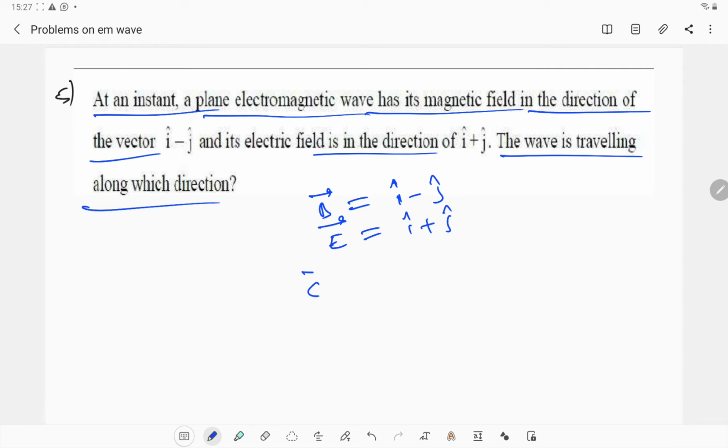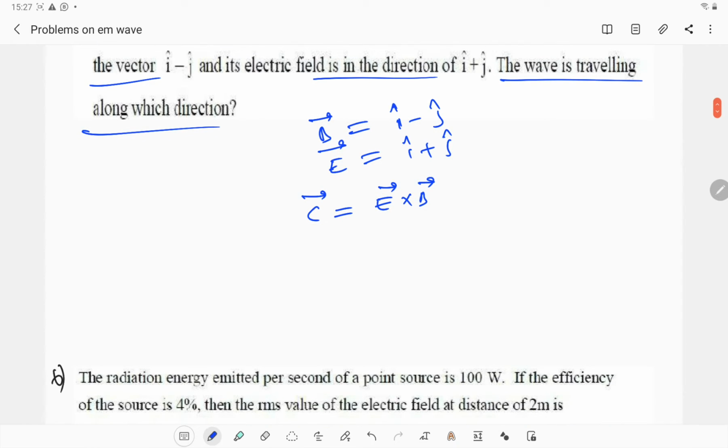Here C bar is equal to E bar cross B bar. Therefore, C bar is equal to the cross product, determinant of i cap, j cap, k cap, E bar components 1, 1, 0 and B bar 1, minus 1, 0.